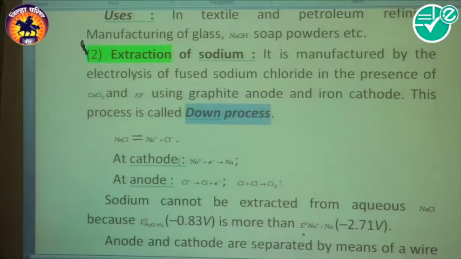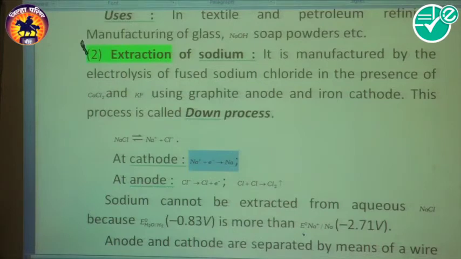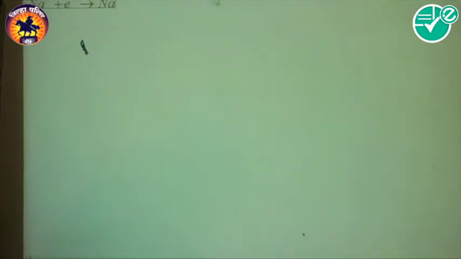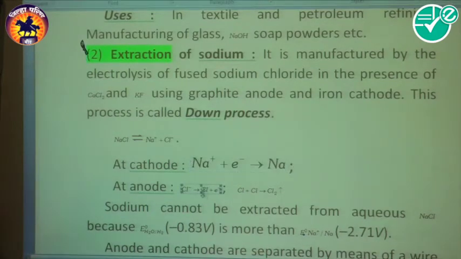Here the reactions are given for them. Okay, I'll make them larger so you are able to see. As far as the redox reaction, you are able to see what is going on here.